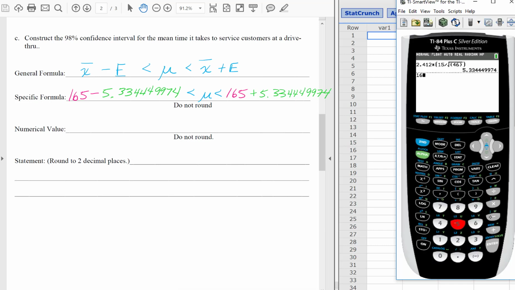So 165 minus 5.33449974. Hit enter. And our lower boundary then is 159.66555.